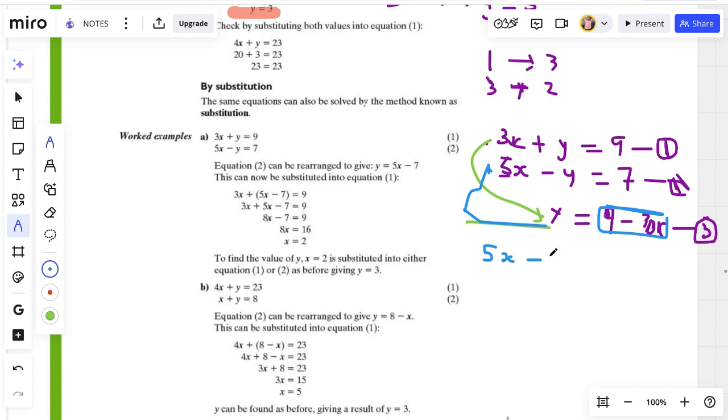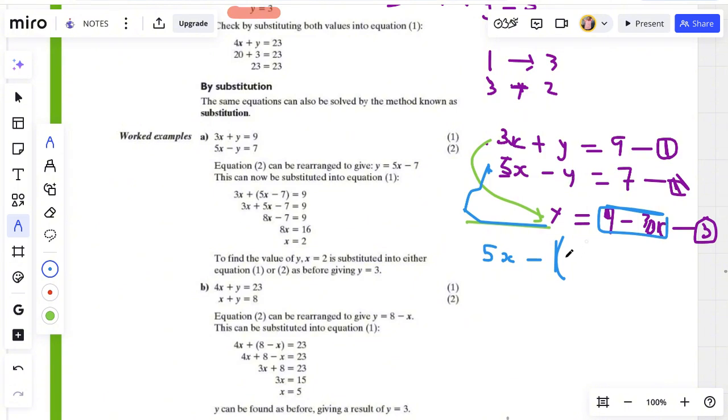So it's better to open a bracket. When you open a bracket, instead of writing y, you replace it with what? Because this y is equal to 9 minus 3x. So in place of y, we put 9 minus 3x.